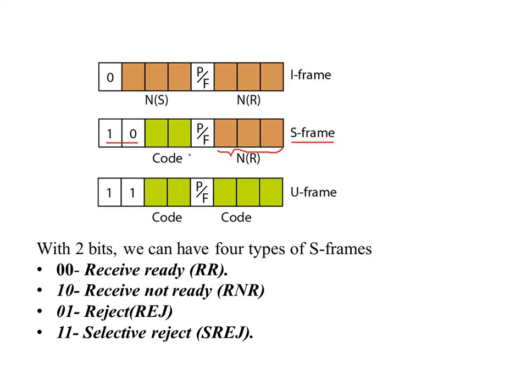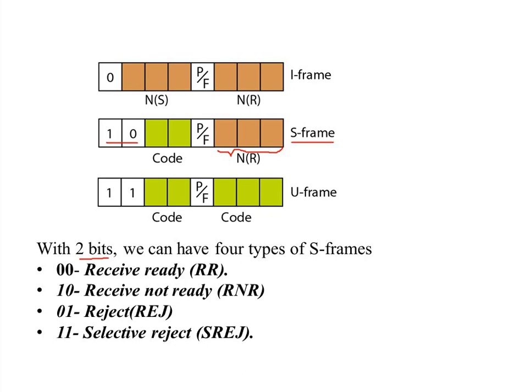Now this code has a certain meaning, so these 2 bits carry certain information. When this code is 00, the information is that the receiver is ready to receive the information.